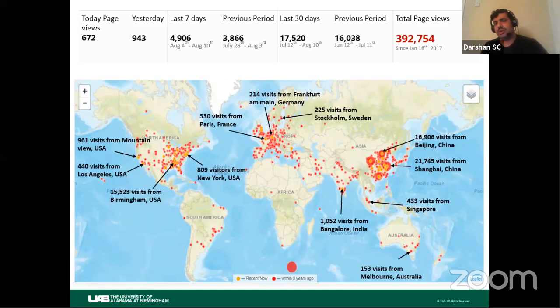We have about 400,000 visits since January 2017, and it's been used extensively by cancer researchers from all around the world, not only in the US and China, but in many other places: Europe, even India, and we have a pretty decent number from Australia.